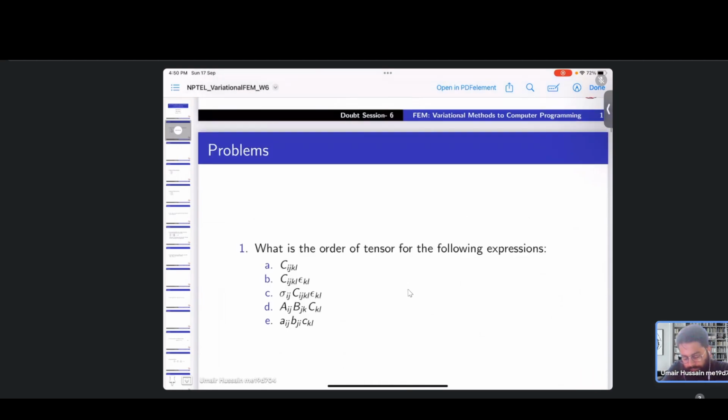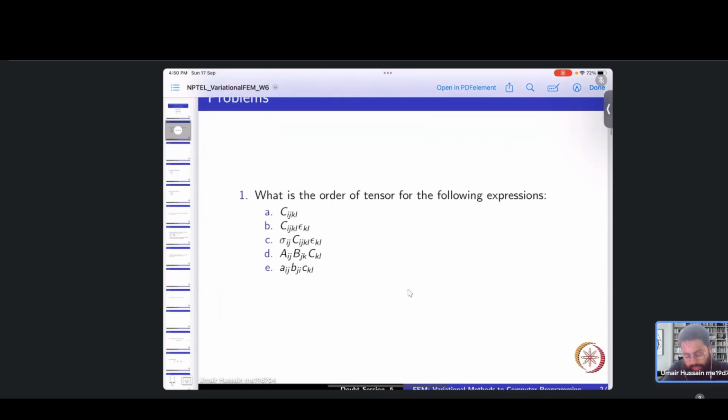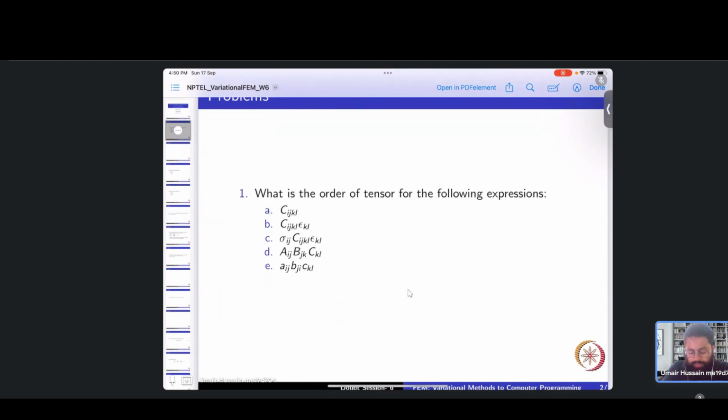So do we see any repetition of any index? That is no. So we don't have any dummy index here. So we have all four I, J, K, and L as the free indices. So we have the order of tensor as 4 here.